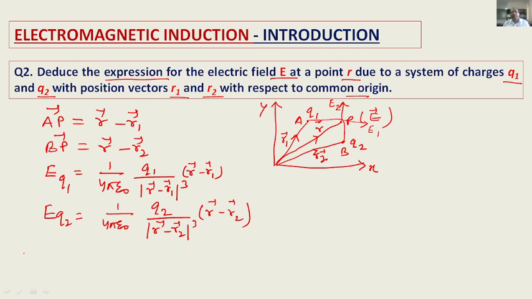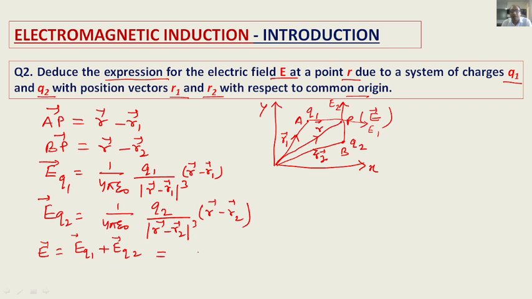So the net electric field E will be equal to E due to Q1 plus E due to Q2, also in vector notation.